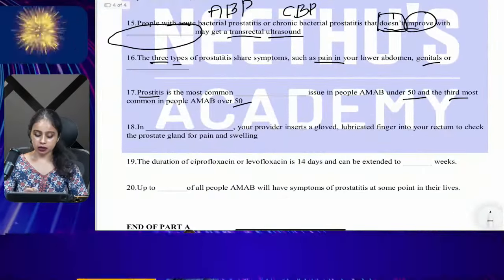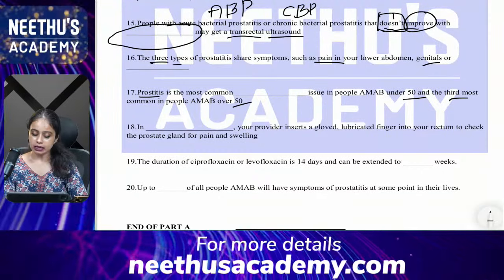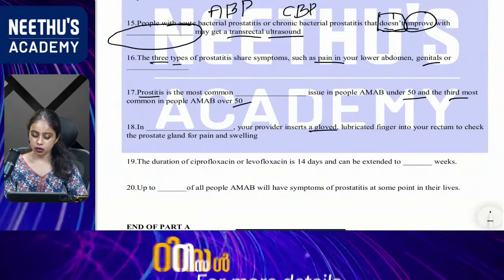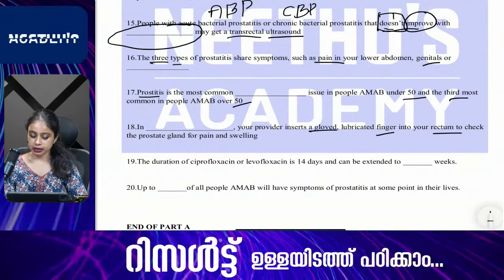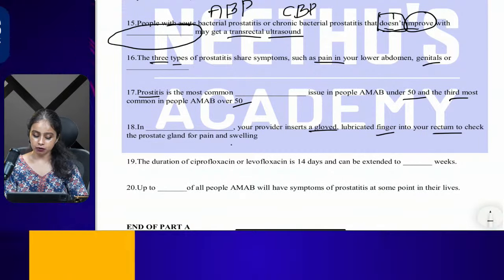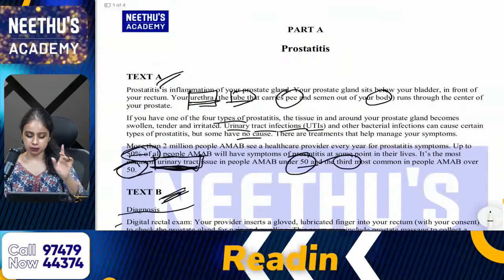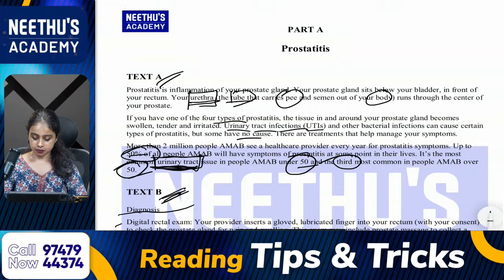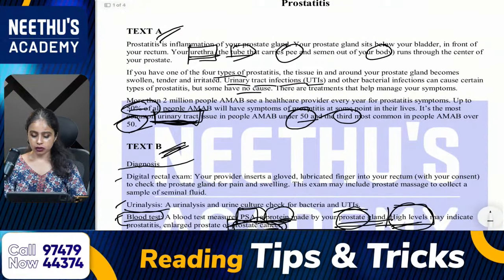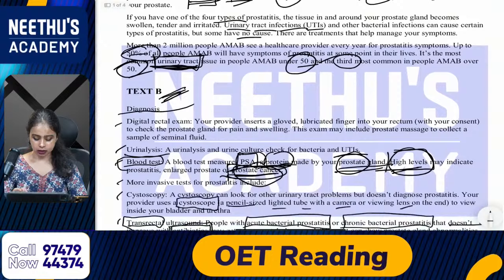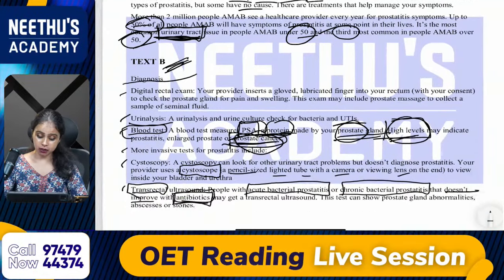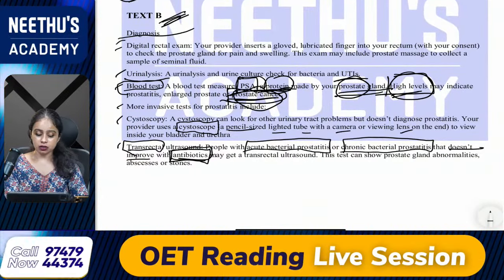Then the 18th one. In dash, your provider inserts a gloved, lubricated finger into your rectum to check the prostate gland for pain and swelling. Is it from text A? No, it is from text B, the diagnosis, the first one.